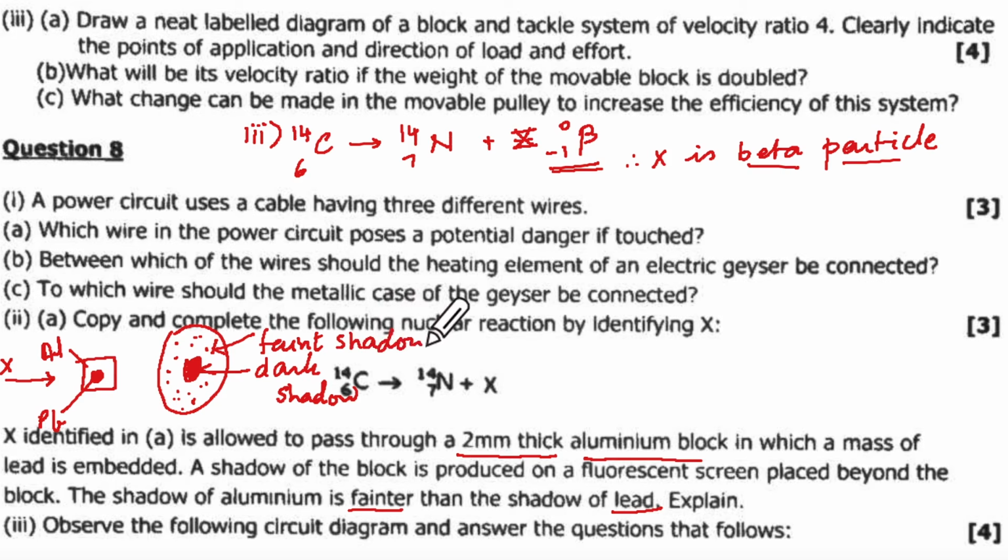Who can tell the reason? No, they are saying explain. They are not telling you identify. They are telling you explain. The particle causes fluorescence. Where do you see fluorescence? Aluminium causes fluorescence. Lead does not, and when there is no fluorescence, you see a shadow.